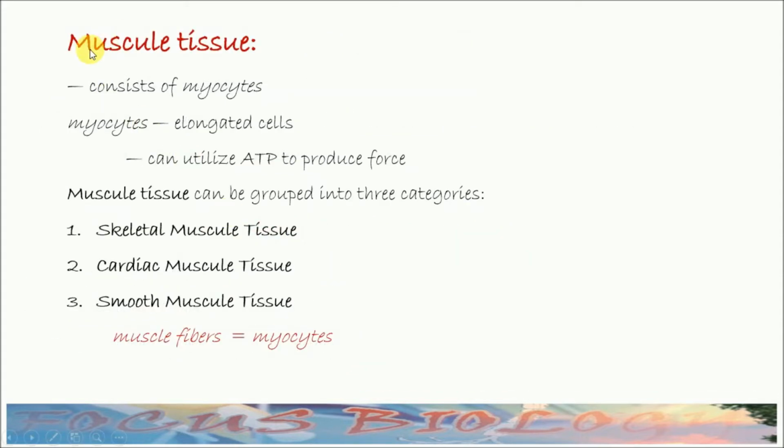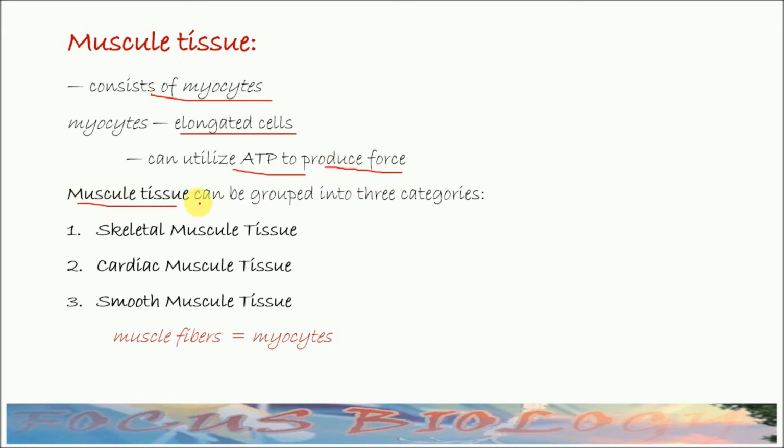Now, muscle tissue. What is muscle tissue? Muscle tissue is a type of tissue which consists of myocytes. Myocytes are elongated cells that can use ATP and produce force.